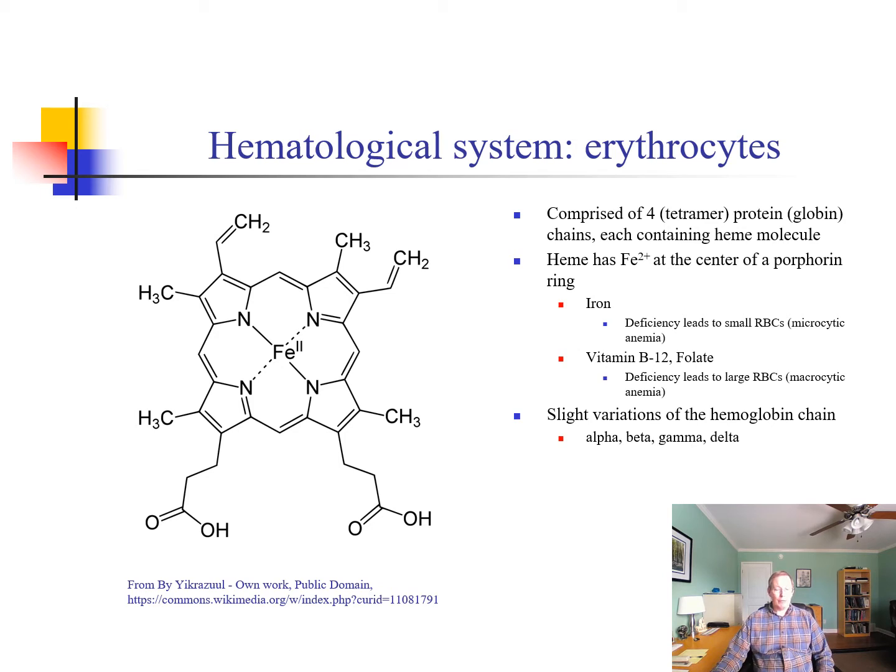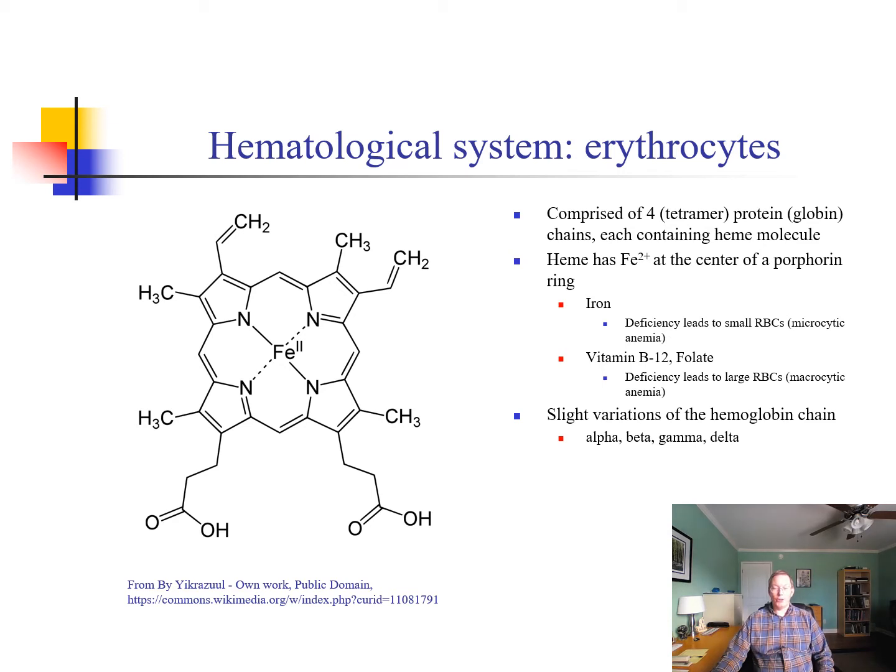Now, if you can't make porphyrin with iron, then that leads to a deficiency in the red blood cells, which is called an iron deficiency anemia. Because the cells themselves are structurally smaller than normal erythrocytes, this is called a microcytic, for small cell, anemia.